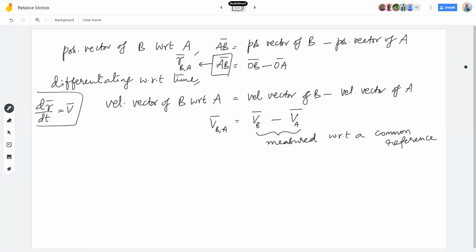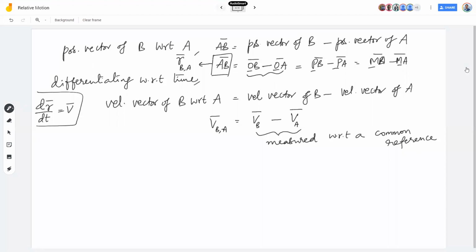Here also this could be PB bar minus PA bar, some random point P, or that could be MB bar minus MA bar, some random point M. This reference could be any point, but both these vectors must be under same reference. Position of A and position of B, if you measure both positions in the same reference, then you subtract.